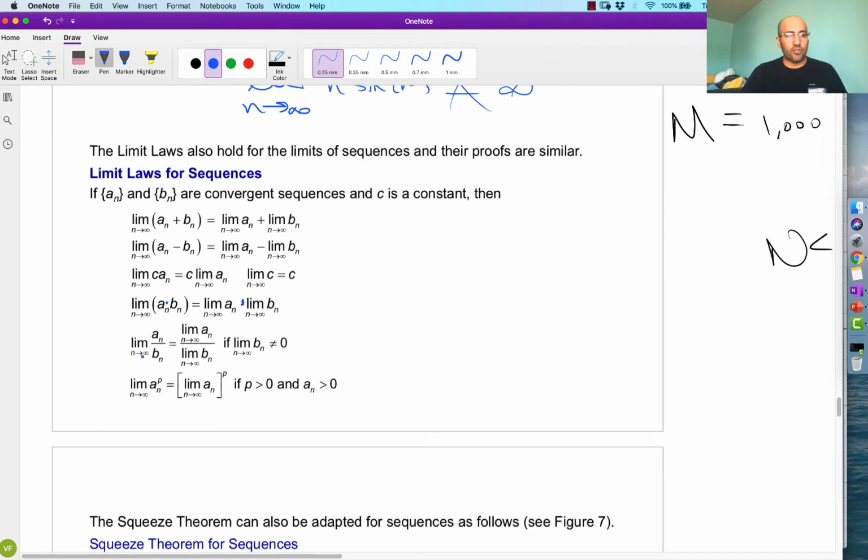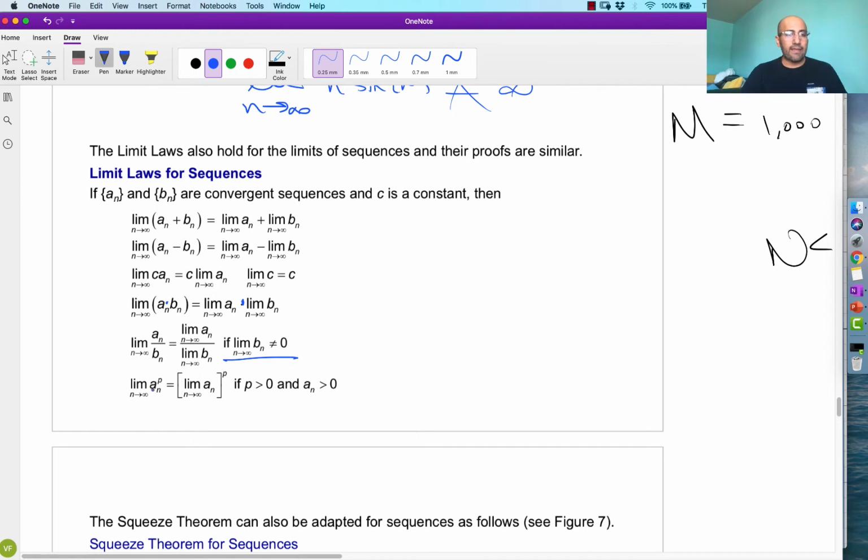Same thing with a division. The limit of a quotient is equal to the quotient of limits. Divide and conquer. Figure out the limit of the numerator, figure out the limit of the denominator, divide them, so long as, we always remember, we're not allowed to divide by 0. So as long as the limit of the denominator doesn't equal 0, this rule applies.